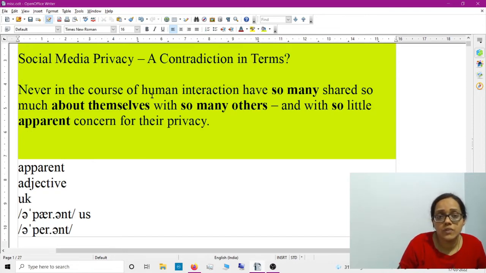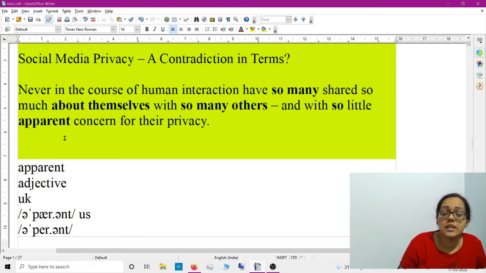Never in the course of human interaction, human communication, have so many shared so much about themselves with so many others. So mainly they used vocabulary like so many others, themselves, everything related to people, right? And with so little apparent concern for their privacy.